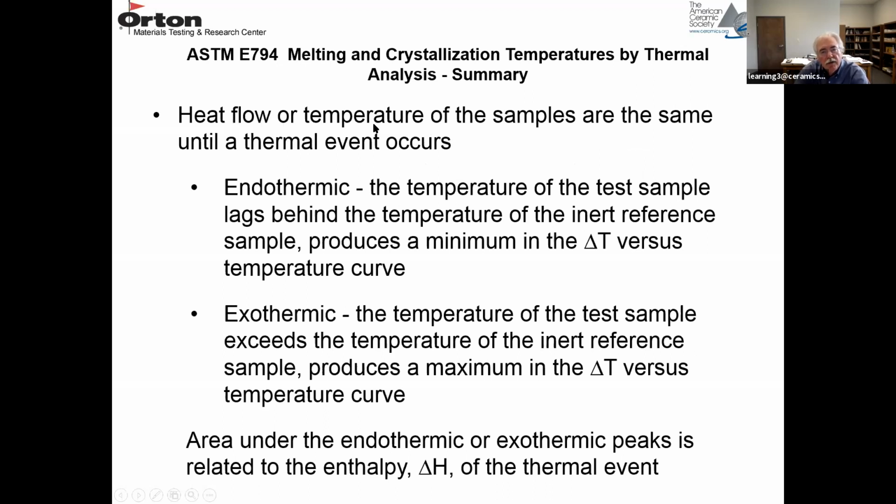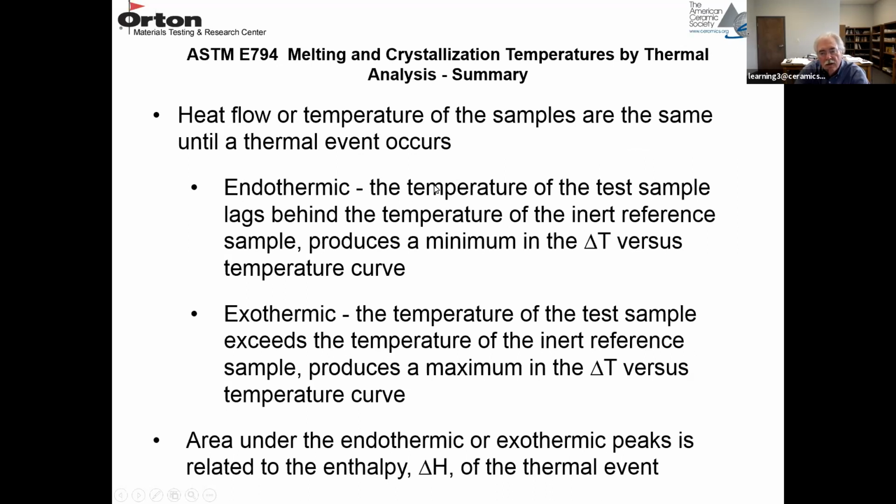So you have heat flow or temperature change of the sample. They're constant until a thermal event occurs. So if it's endothermic, the temperature of the test sample relative to the inert sample is lower.